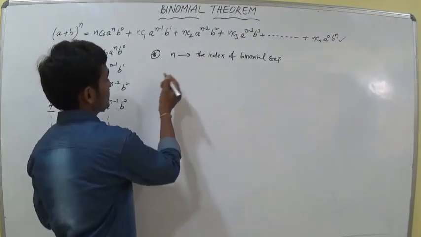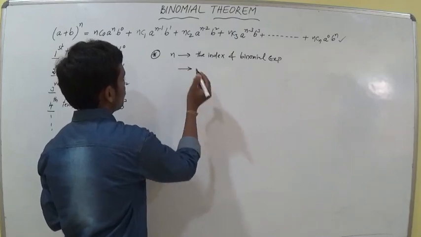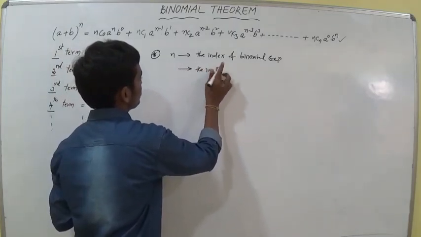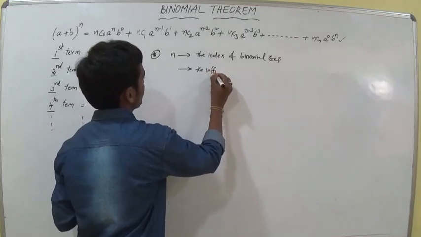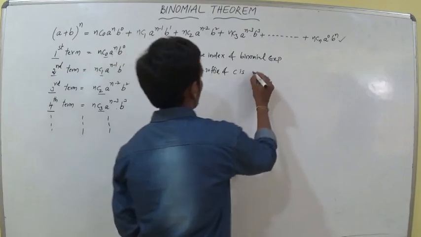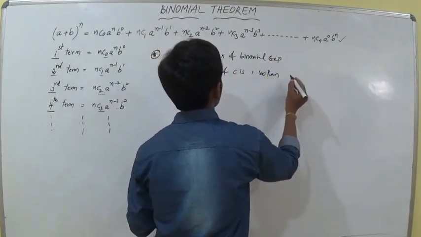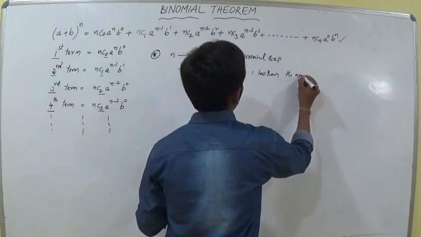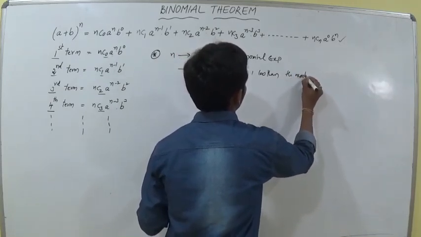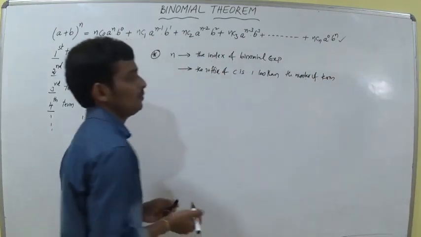Next, the second point we have observed is that the suffix of C is 1 less than the number of the term.